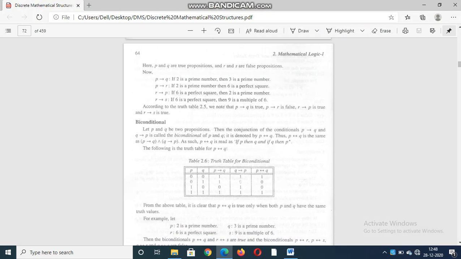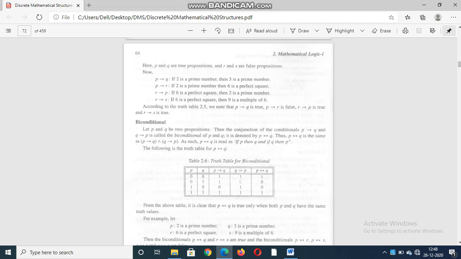In the sense, the conjunction statement says that both inputs should be 1, then only the output should be 1. If any one statement is 0, definitely the output is 0 only. You just observe here: 1, 1. Definitely the output is 1 because both inputs are 1.